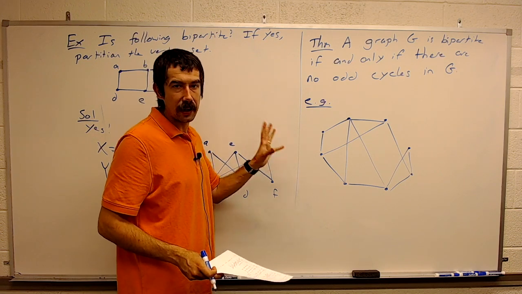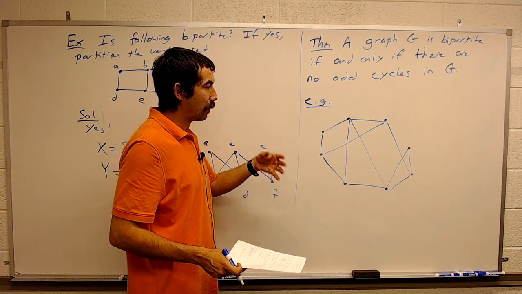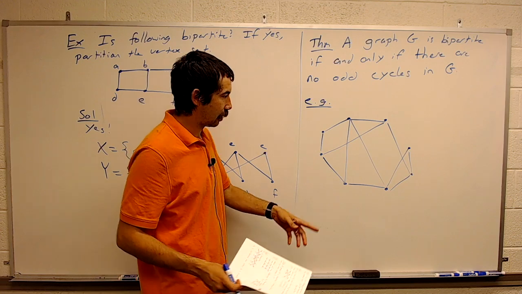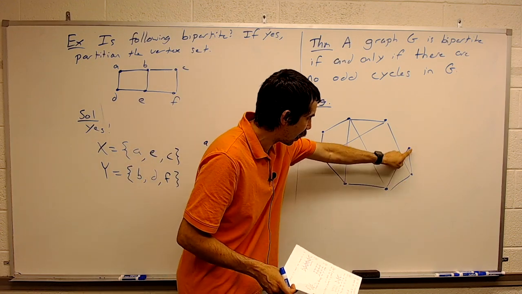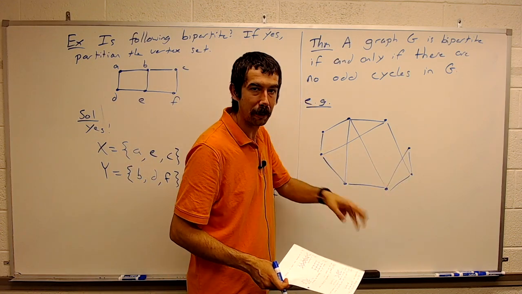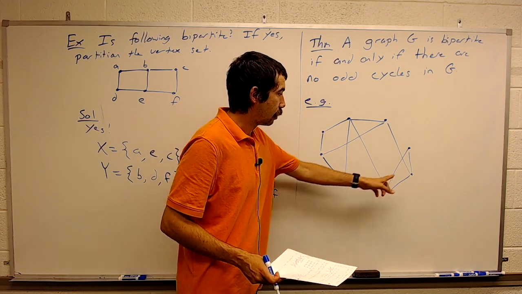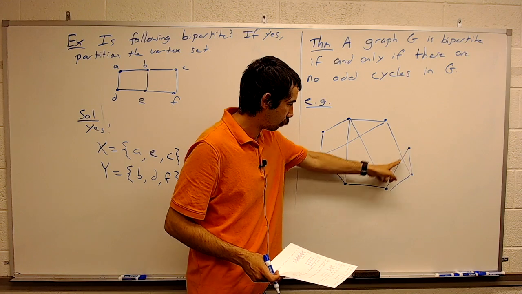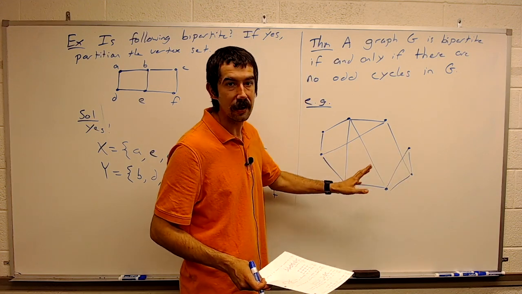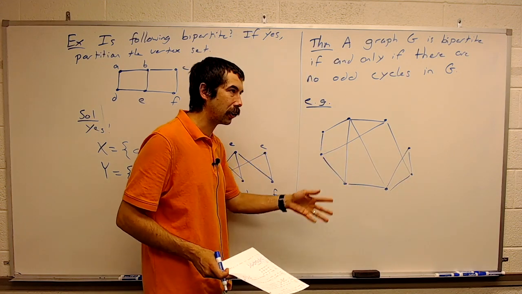I automatically know it's not bipartite because I could find an odd cycle in it. So for instance here, this is an odd cycle, right? It's a cycle with 3 edges, and 3 is odd. Since I found an odd cycle, I know it's not a bipartite graph. I don't have to bother doing anything else.